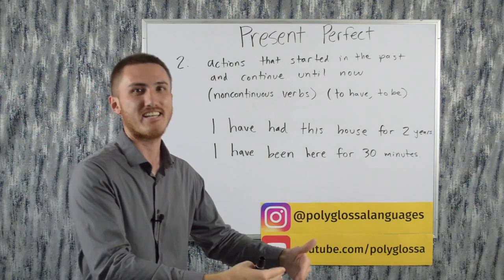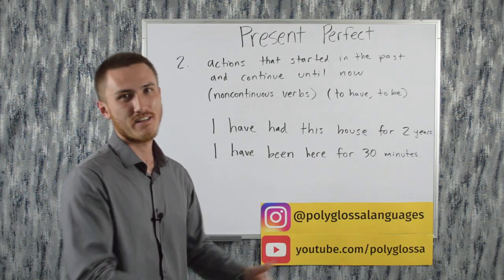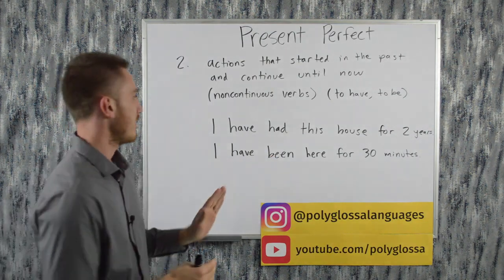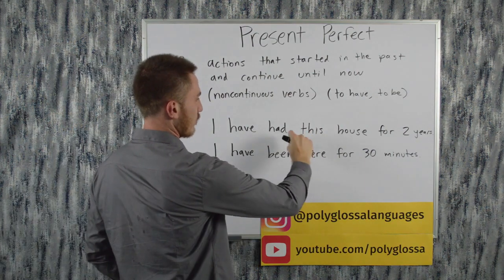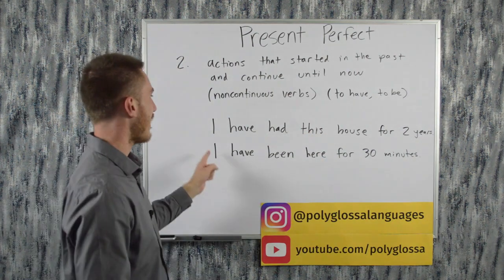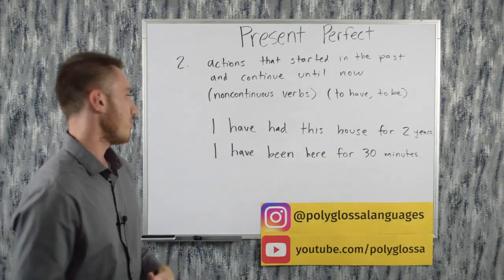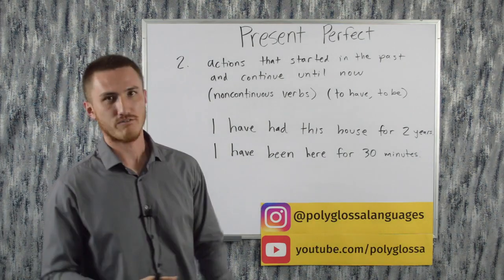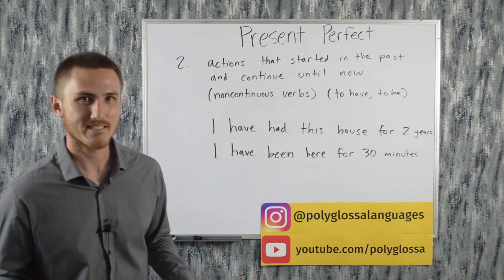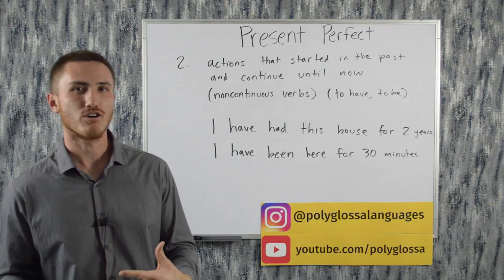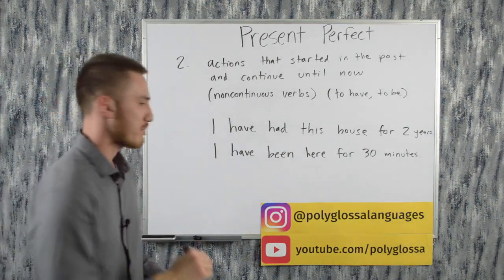I have been playing. I have been talking. But this is our main verb in this structure. We don't have playing or talking or living, right? We just have I have been here for 30 minutes. So we can't say I have been being here for 30 minutes. That doesn't make sense. So we need to use the present perfect. I have been here for 30 minutes. Here's one more example.